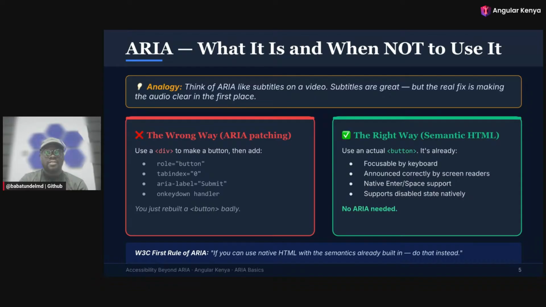So when we think of ARIA, we think of it like subtitles on a video. Subtitles are great, but the real fix is making the audio clear in the first place. If the audio is clear, there wouldn't be any need for subtitles. When I watch anime, for example, I turn on the subtitles because I can't hear what's going on.